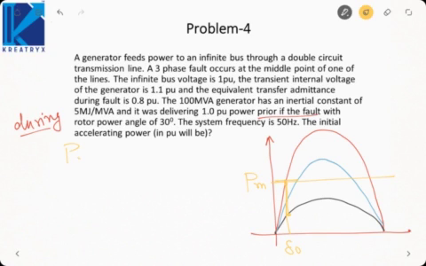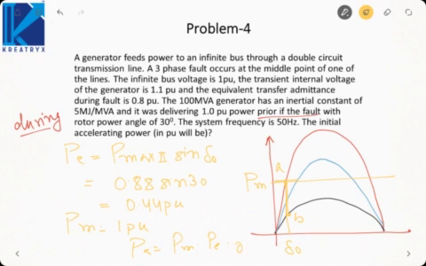So as the fault occurred, Pe became P max 2 sine delta naught as we fell from point A to point B. So it will be 0.88 sine 30, which is equal to 0.44 pu. But Pm is actually 1 pu. So accelerating power will be Pm minus Pe, that is 0.56 pu.